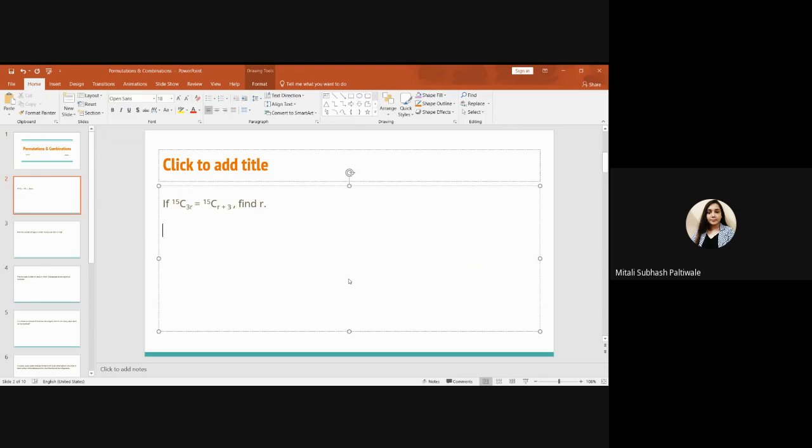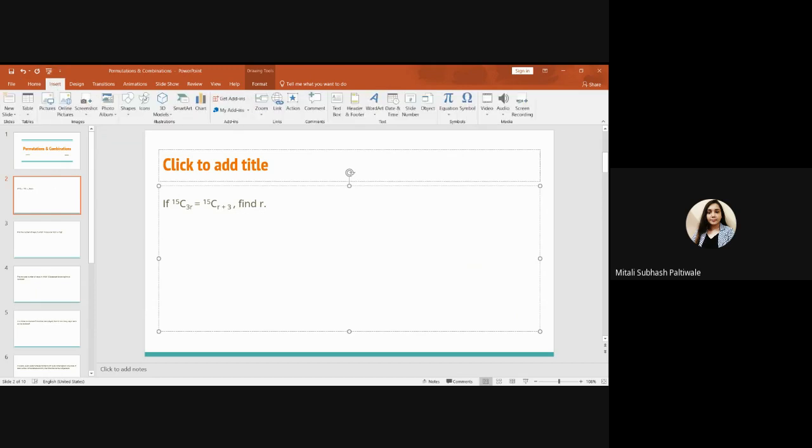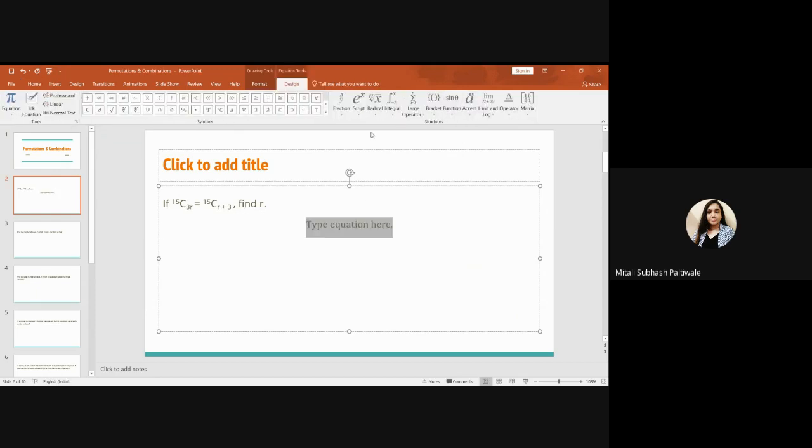Since it is given in the question that 15C3r is equal to 15C(r+3), either 3r is equal to r plus 3, or 3r plus r plus 3 is equal to 15.